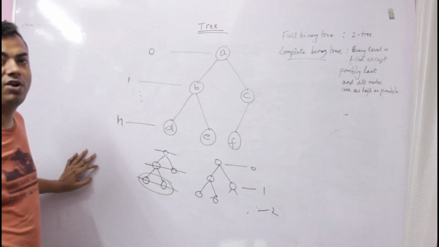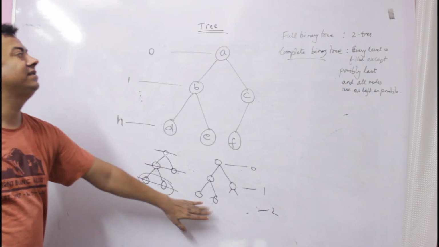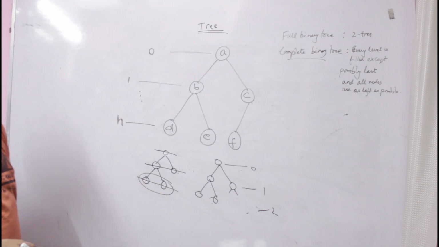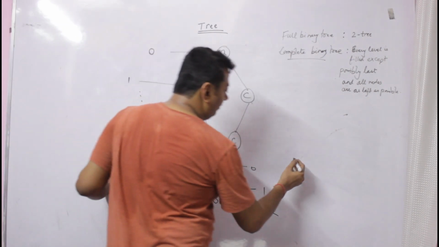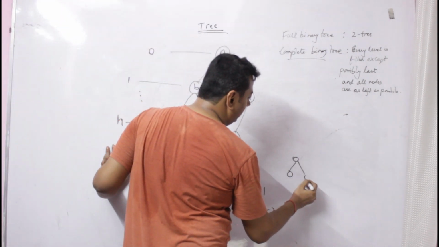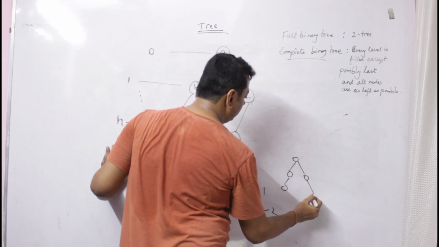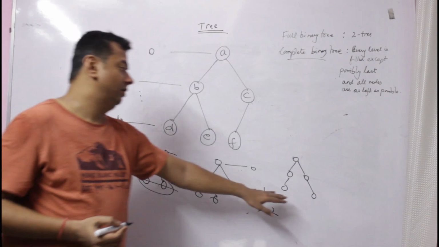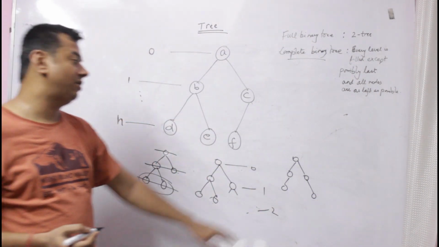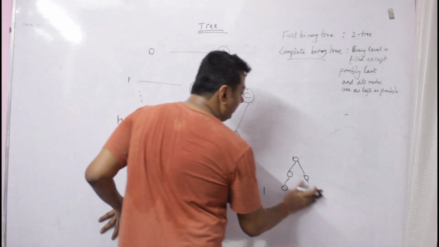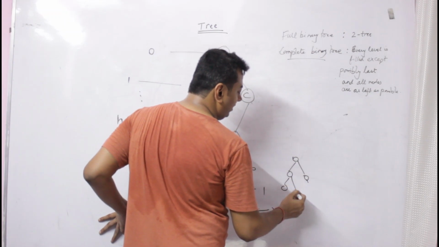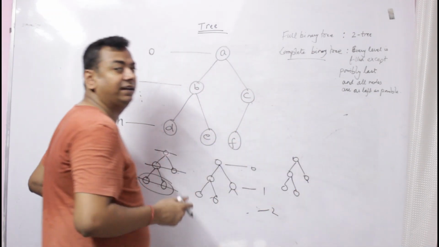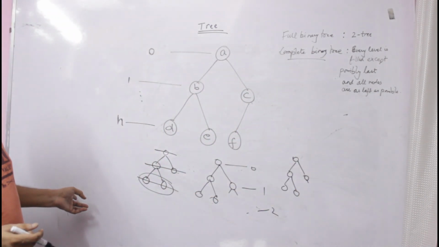Okay, so that was not a complete binary tree, and this is a complete binary tree. Now what about this one? This is also not a complete binary tree. Why? Since at the last level this node should be as left as possible.